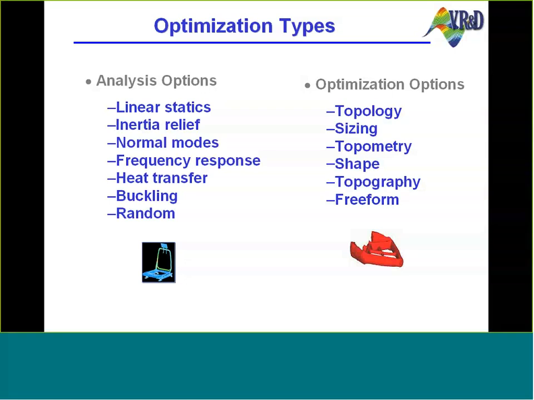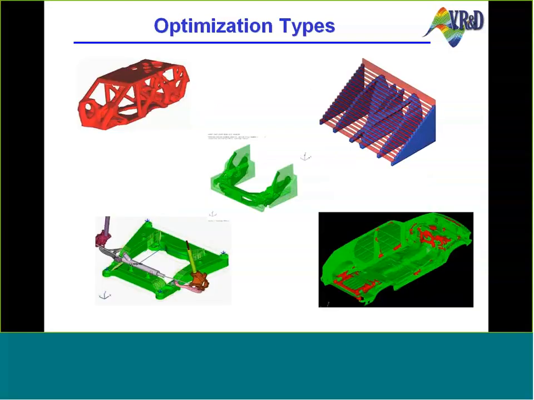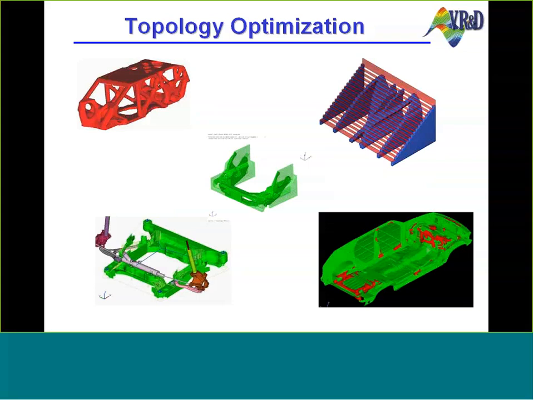And we have 6 different types of optimization in Design Studio and Genesis. So what I would like to do next is go through each one of these optimization types and work an example problem of that type in Design Studio.